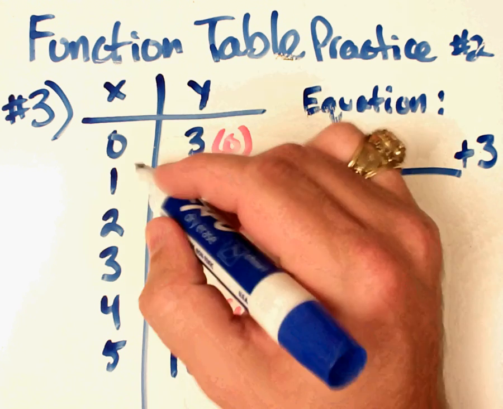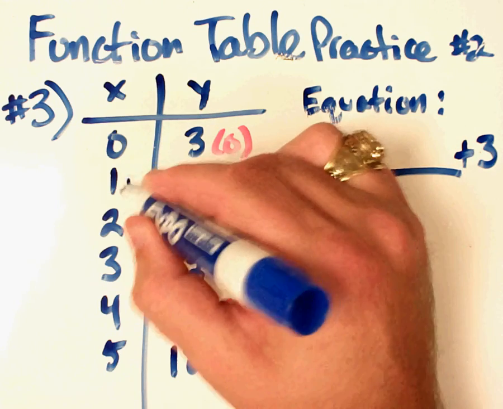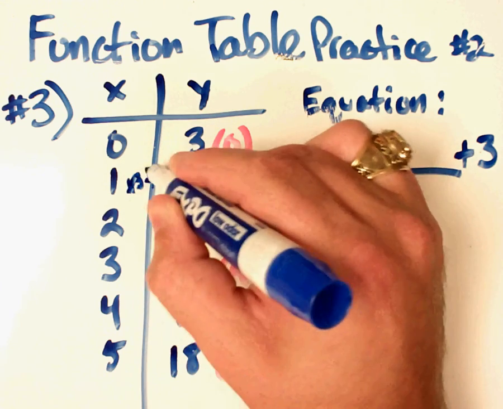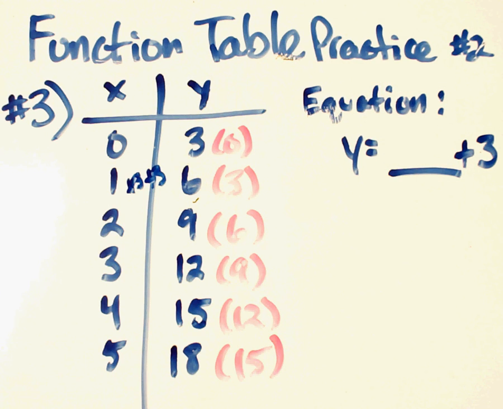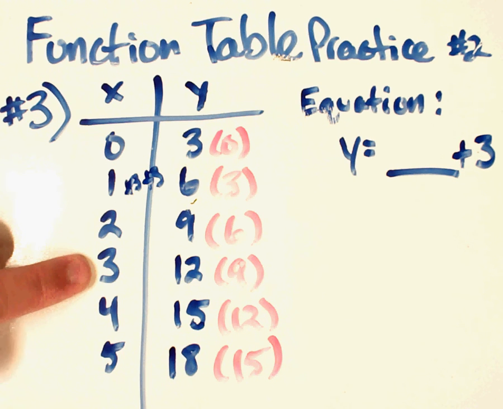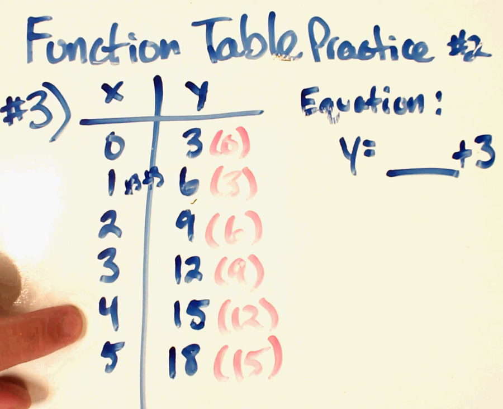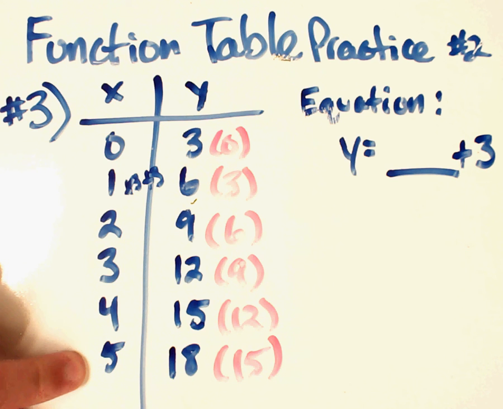So I am multiplying by 3 and then adding 3 each time. 2 times 3 gives me 6 plus 3 is 9. 3 times 3 is 9 plus 3 is 12. 4 times 3 is 12 plus 3 is 15. 5 times 3 is 15 plus 3 is 18.